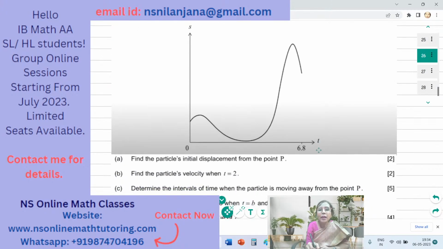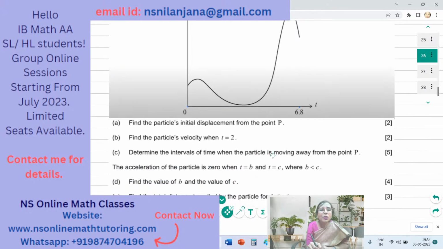I hope you are able to see the graph. It is between 0 seconds and 6.8 seconds. The vertical axis is for the s, the displacement, and the horizontal axis is for the time t.